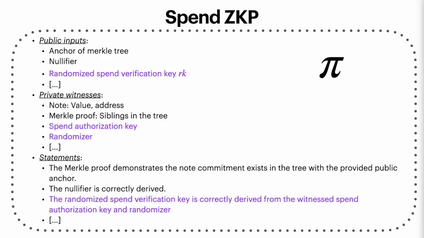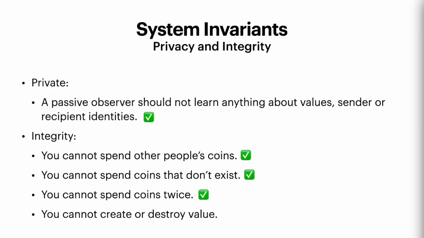And then we're going to add a little statement in our spend ZKP that just checks the equation that was on the previous slide. So it's going to check that the randomized spend verification key is correctly derived from our witness values. So that's it. We have a way of showing that we can't spend other people's coins using digital signatures, just re-randomizable ones.